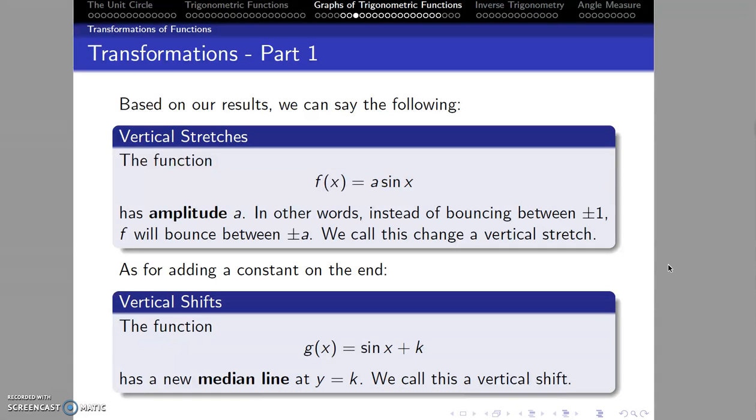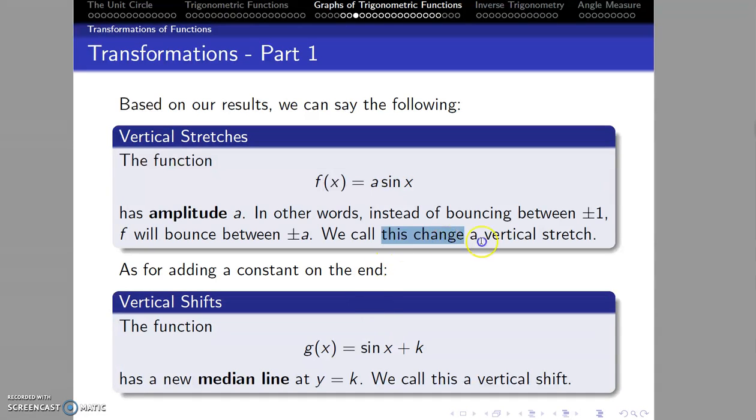Now, before we get too trigger happy with saying the word amplitude and median line, let me say this, and I'll probably have to say it again: amplitude and median lines apply exclusively to sines and cosines. As we'll see when we graph tangent and cotangent, and even secant and cosecant if I feel like it, none of those things really have amplitude, because they have no maximum and no minimum.